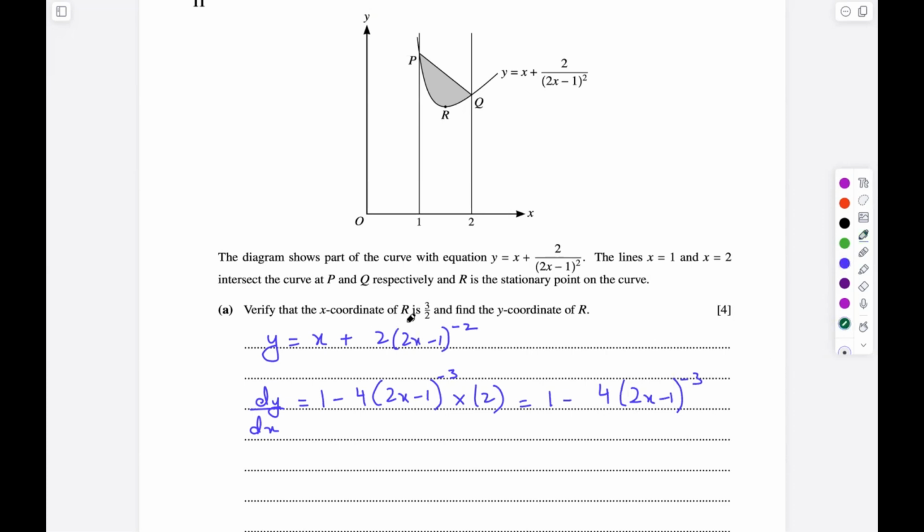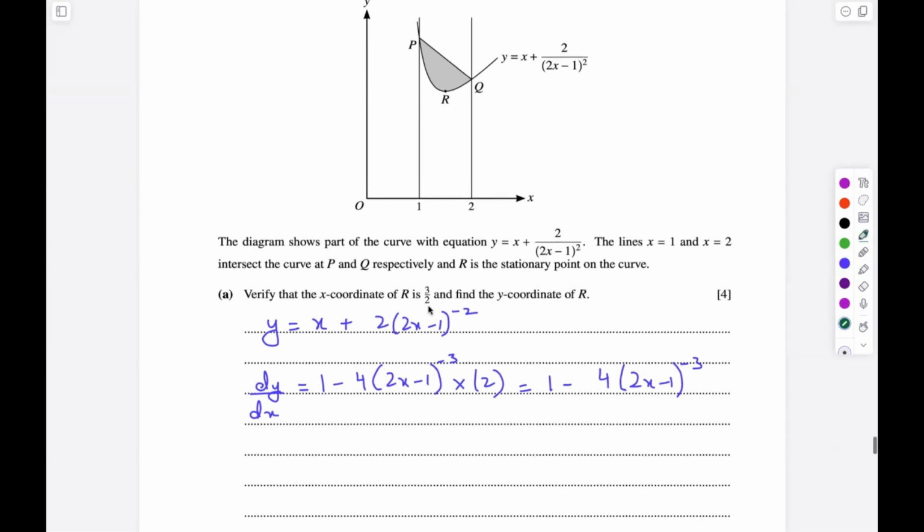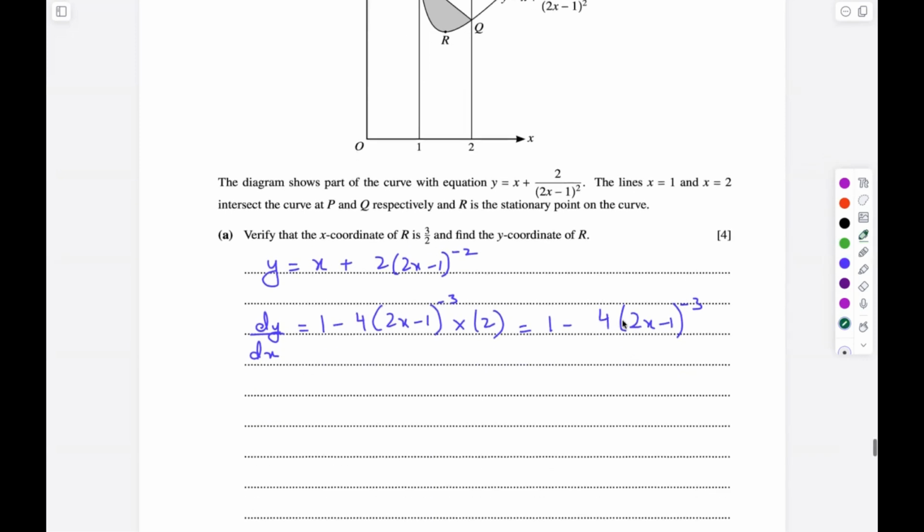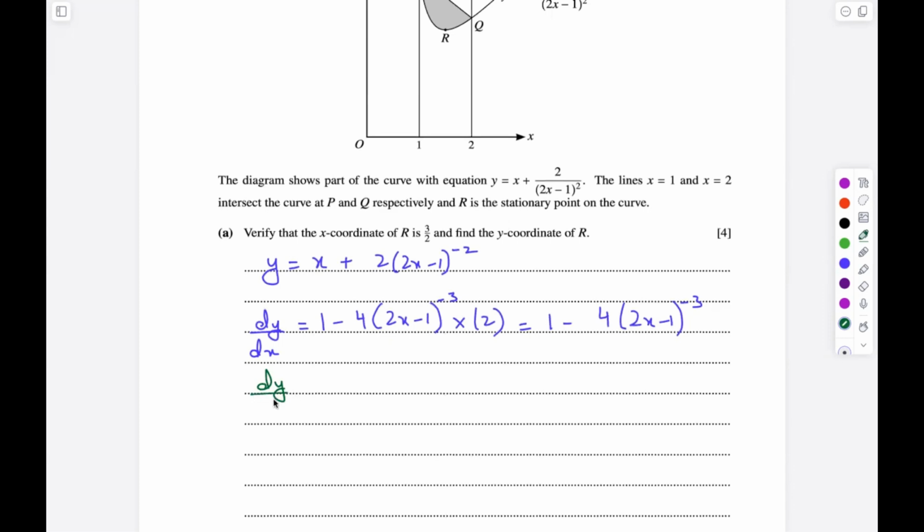Now, as R is a stationary point, if the x coordinate is 3 upon 2 and we substitute it over here, dy dx should come out equal to 0. So to verify that, in place of x, we'll substitute 3 upon 2. 2 and 2 will cancel out. So this will become 1 minus 4 into (3 minus 1) to the power minus 3. So 3 minus 1 is 2 to the power minus 3.